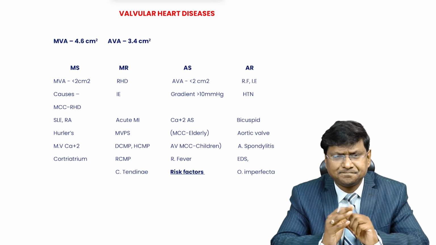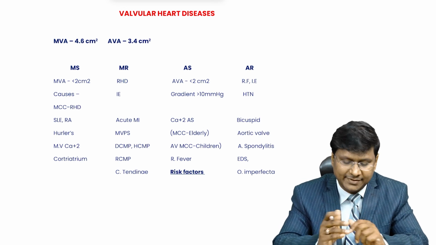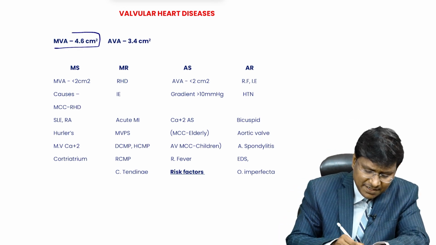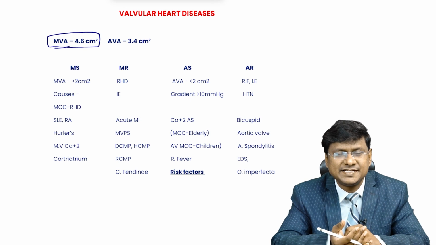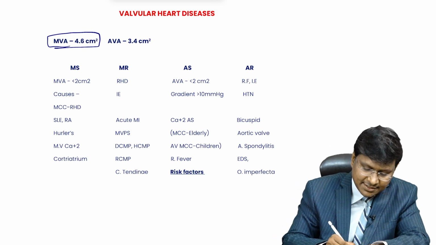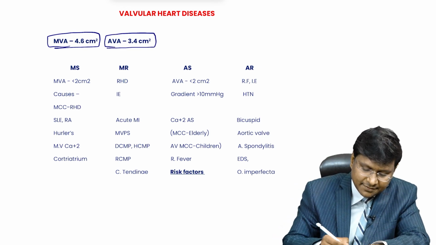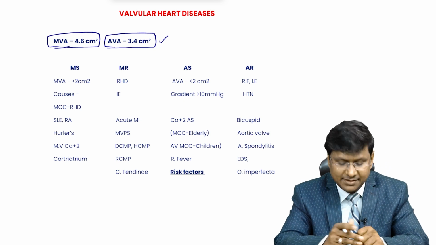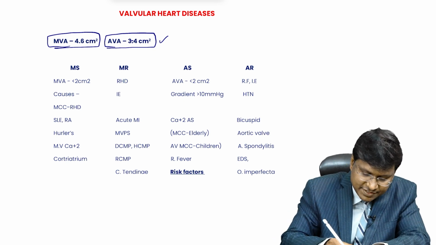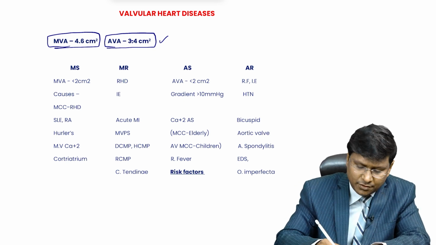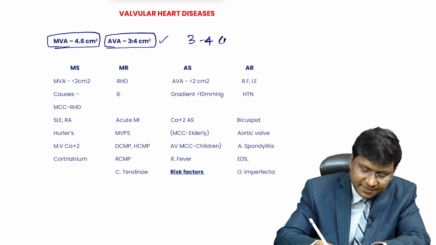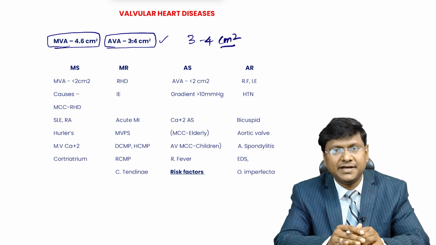But before that, how much is the normal mitral valve area? The normal mitral valve area is around 4 to 6 centimeters squared. And the normal aortic valve area is around 3 to 4 centimeters squared. It is not 3.4; it is 3 to 4 centimeters squared.